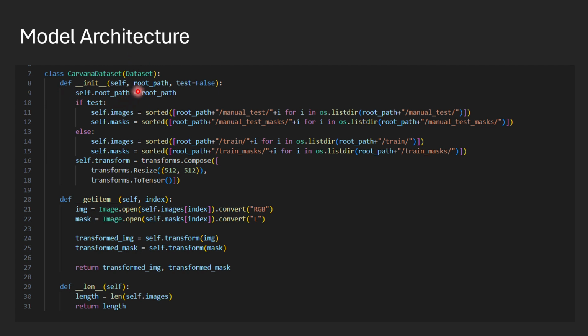In the initialization function, I've got my root path where I have the current .py file, this code, sitting in, and then I've got one boolean called test or train, which is going to indicate if it is a testing class or a training class. I'll be using this dataset twice. That's the reason why I've given this as a boolean.